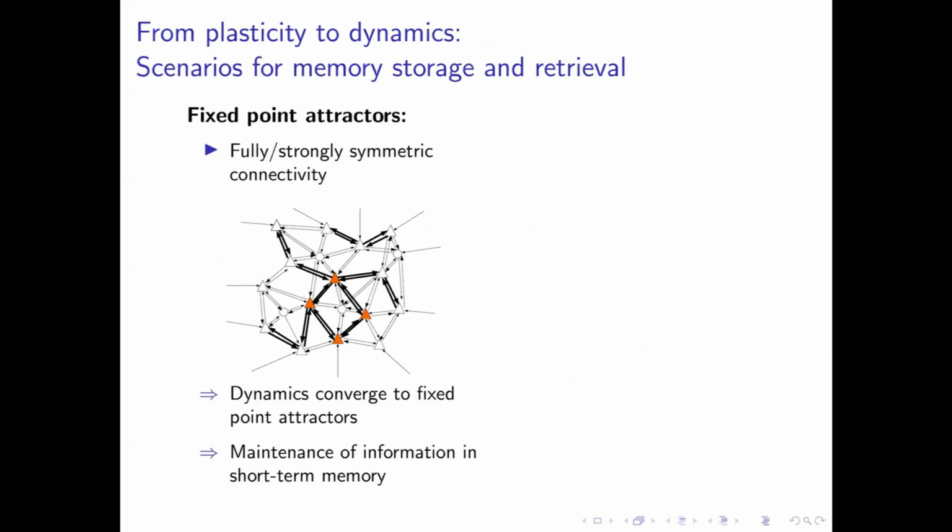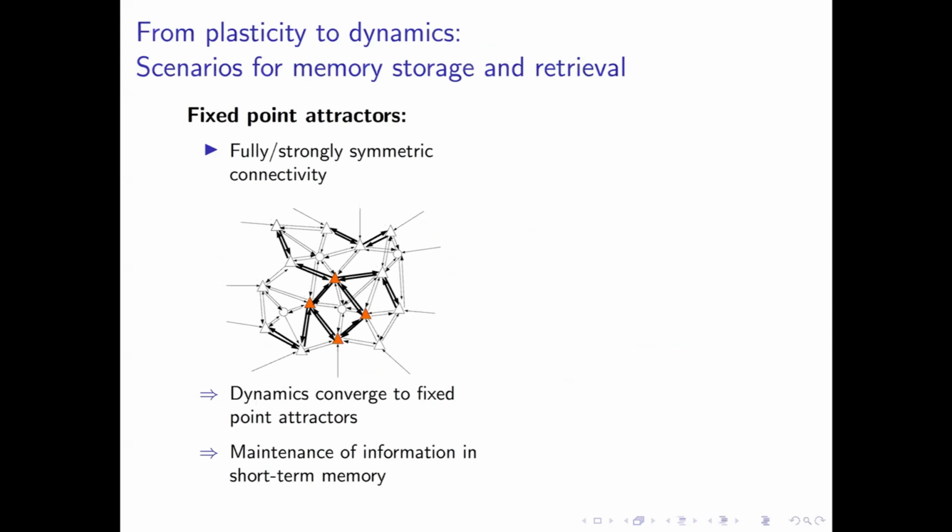So this is the Hopfield model scenario, right? You're using, in this case, a very symmetric form of plasticity. You need to create a connectivity matrix that is close to being symmetric, not necessarily perfectly symmetric. Basically, you create these strong excitatory feedback loops among groups of neurons, and that leads to the creation of fixed point attractors where these neurons can be active while all the rest of the network remains at lower rates.